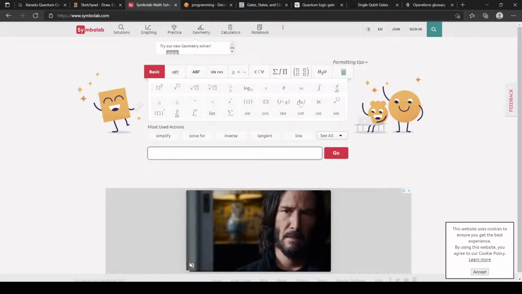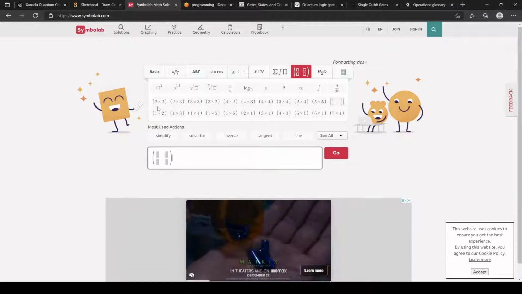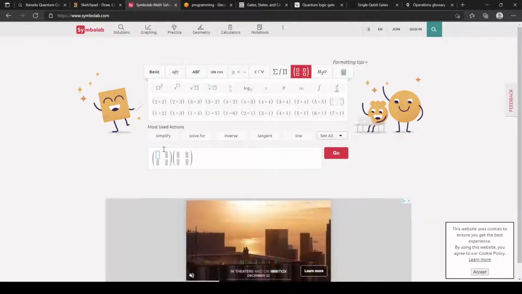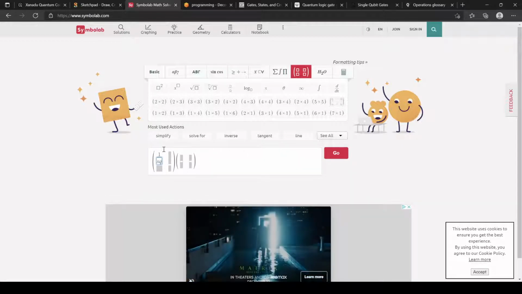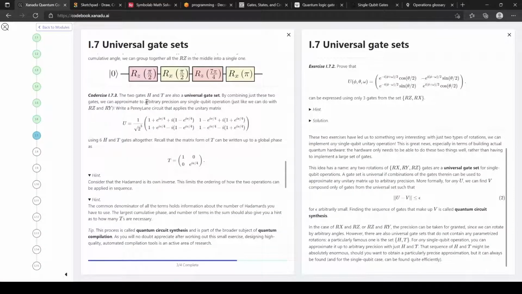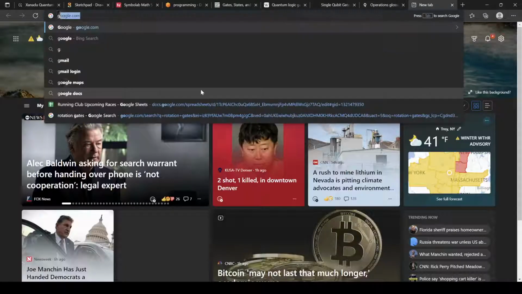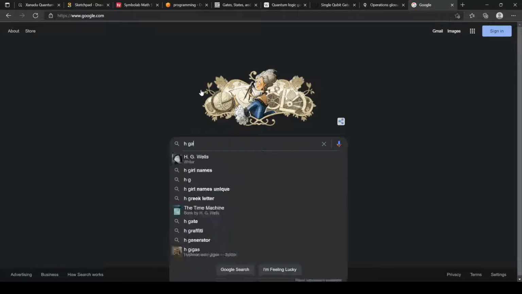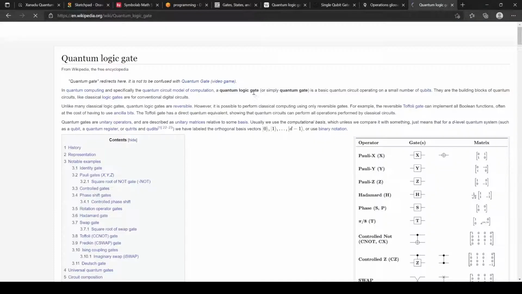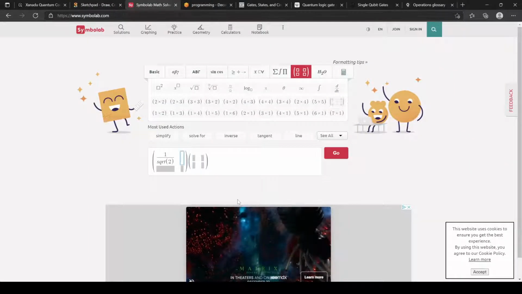So we have our 2 by 2 matrix that we're trying to multiply here. So H is 1 over square root of 2. Or is it negative? Now I'm going crazy. I don't remember what the H gate is. Yeah, I was right. 1, 1, 1, negative 1. Okay, I'm not going crazy.